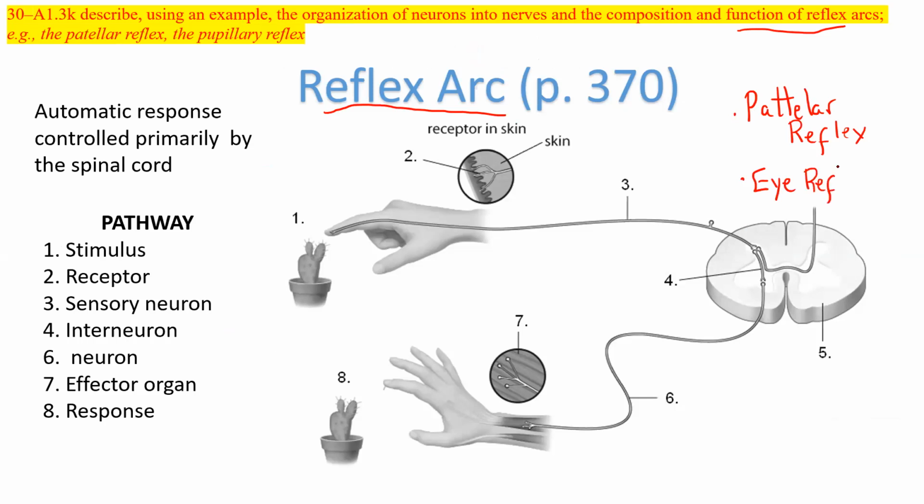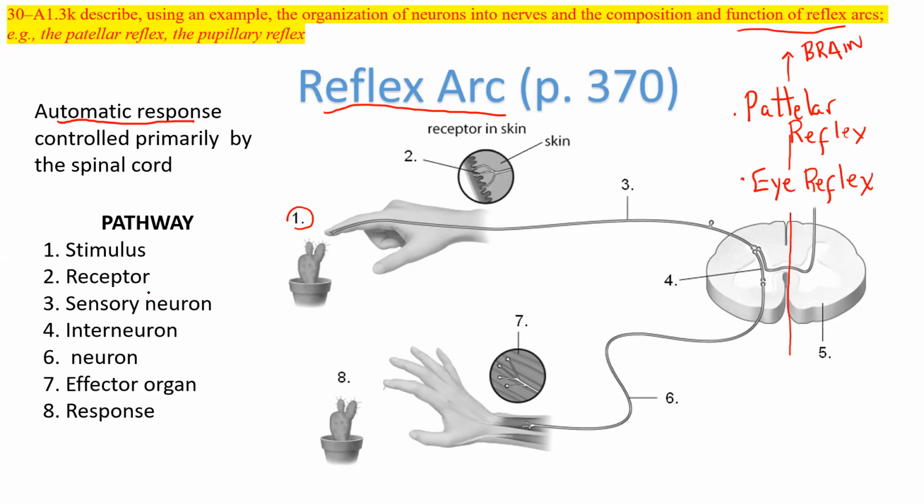Okay, not for blinking, but for the iris contracting. We'll look at that one a bit later on. Well, this is an automatic response. When I touch something prickly, I automatically pull my hand off because it hurts. I don't have to think about it. In other words, the impulse goes to my brain afterwards.